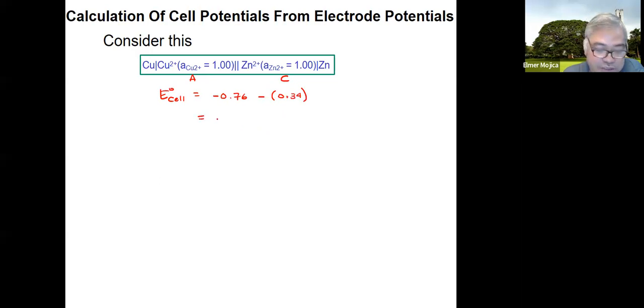And so how do we make this reaction proceed? We need to apply more than 1.10 volts, or not really negative, but around 1.10 volts.